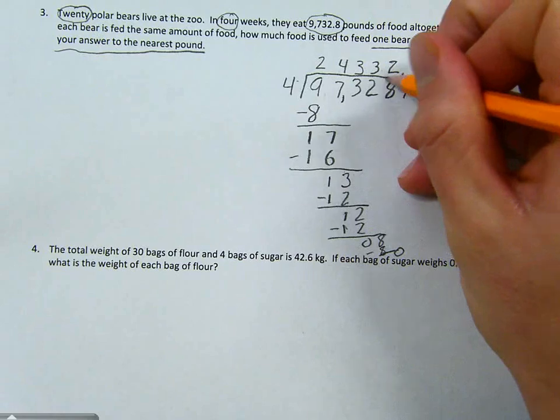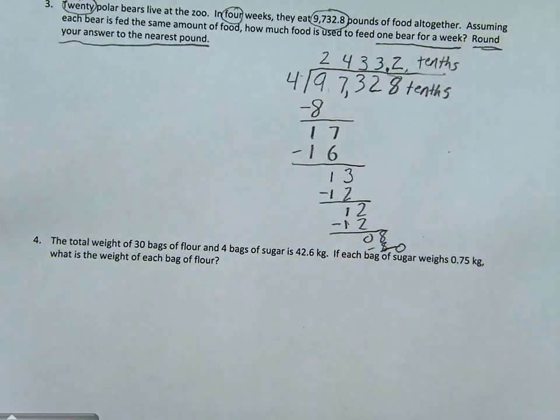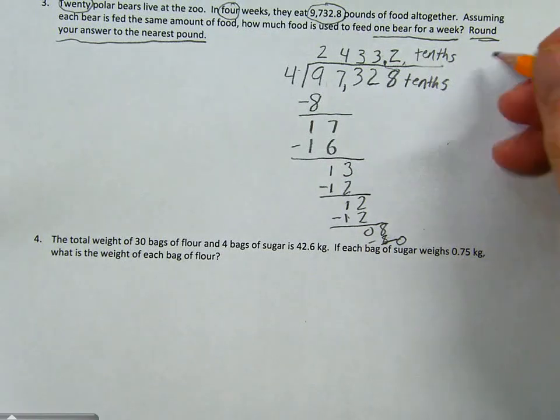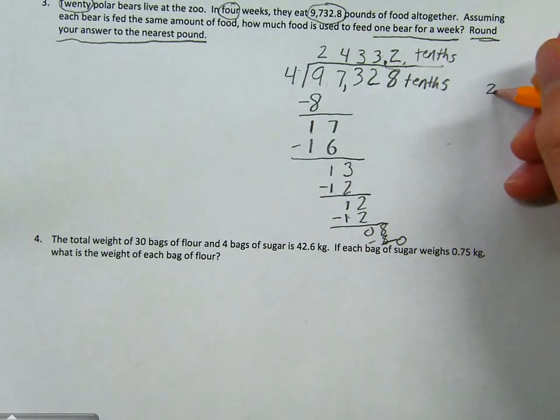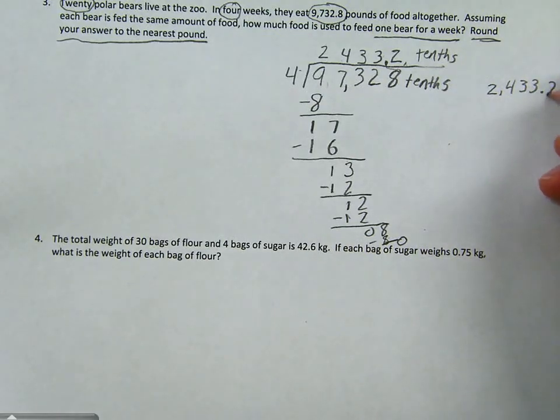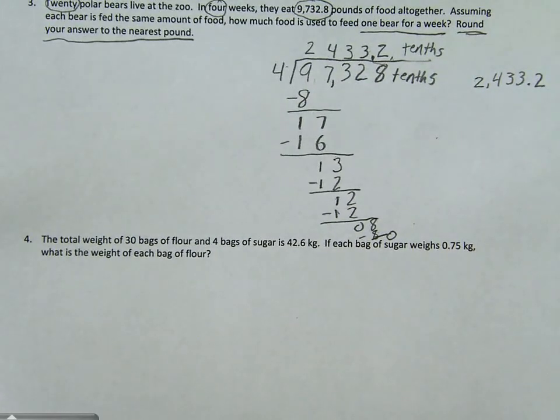I'm going to move my decimal point back over here to get back into standard form. And I know now that I have 2,433.2 pounds, and that's what the bears ate in 1 week.